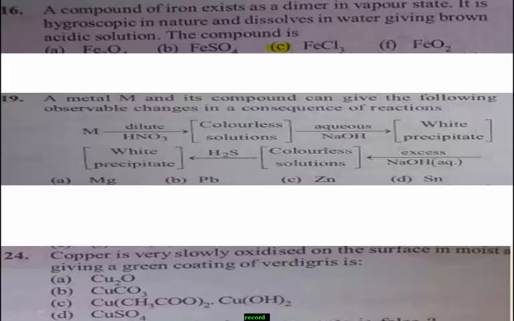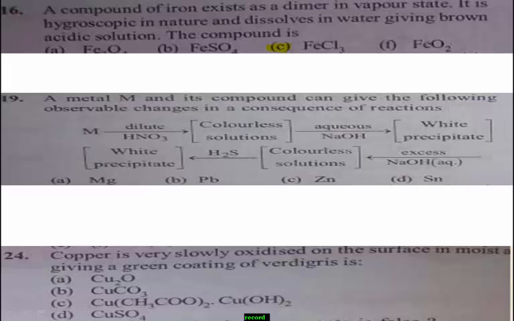When you write the reaction: 4Zn plus 10HNO3 gives 4Zn(NO3)2 plus NH4NO3 plus 3H2O. Write the reaction once again: 4Zn plus 10HNO3 gives 4Zn(NO3)2 plus NH4NO3 plus 3H2O.